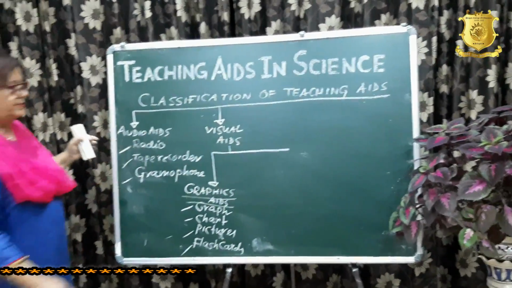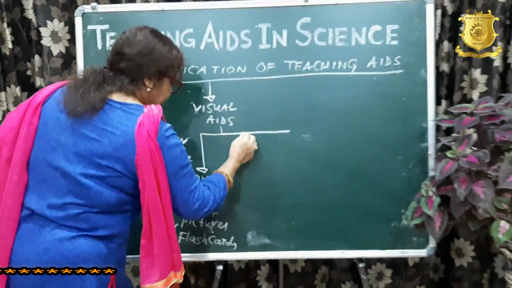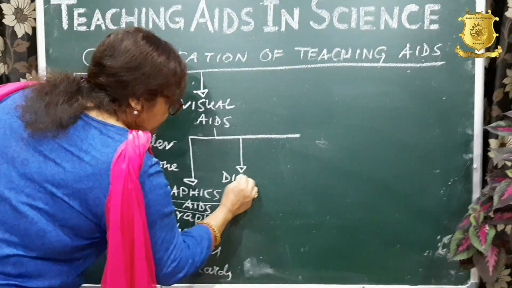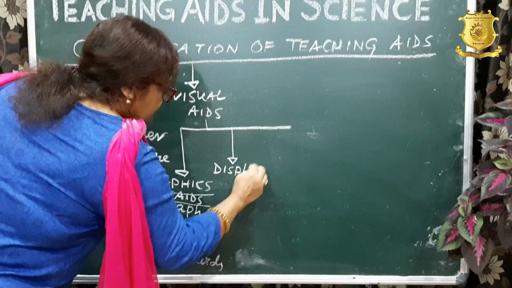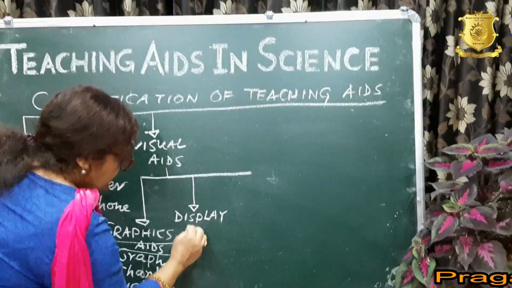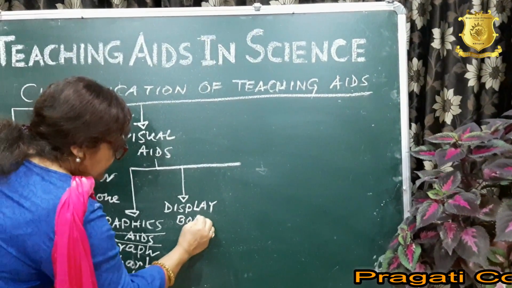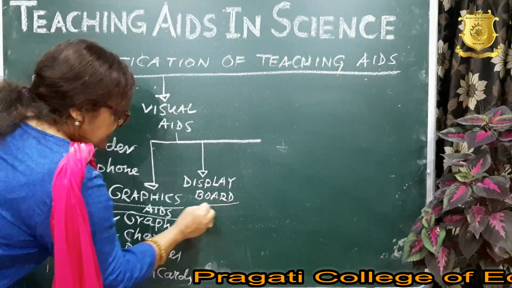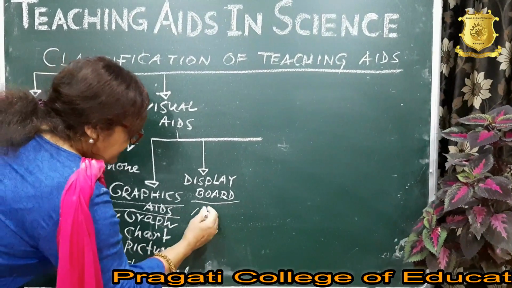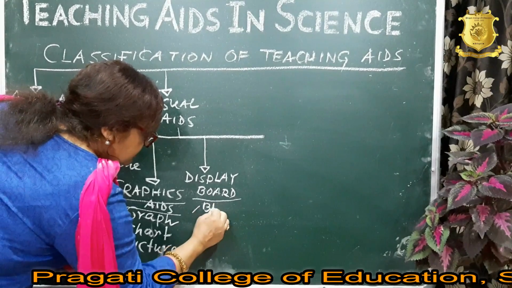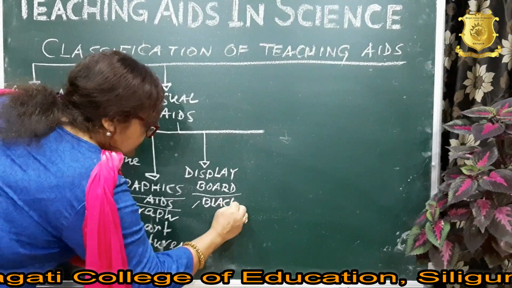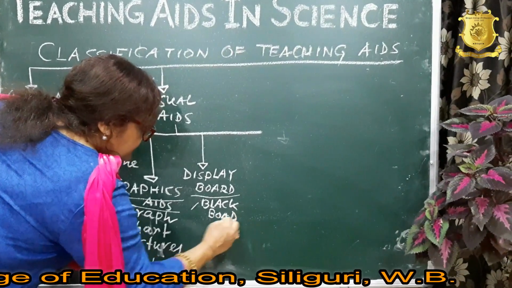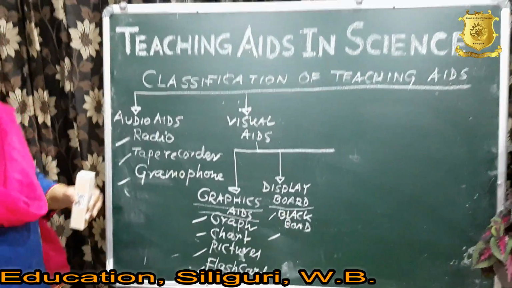Next one is display board. Under this category, the common one we know is the blackboard, that is, chalkboard.